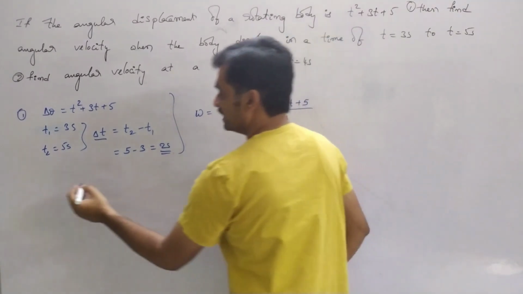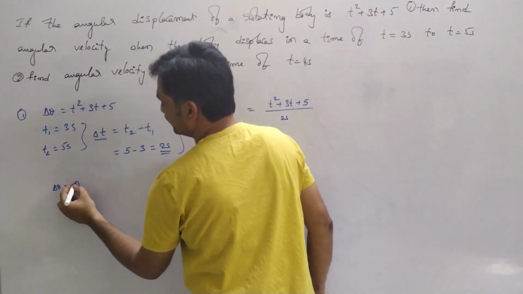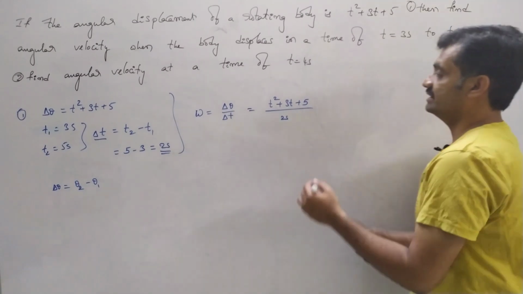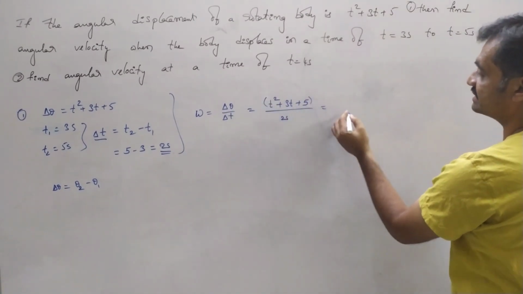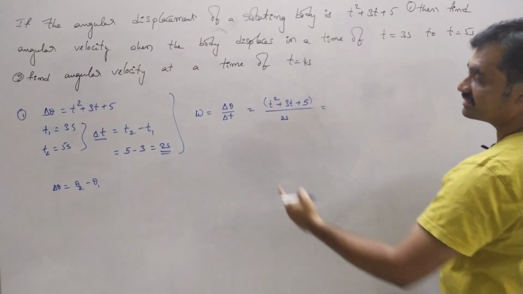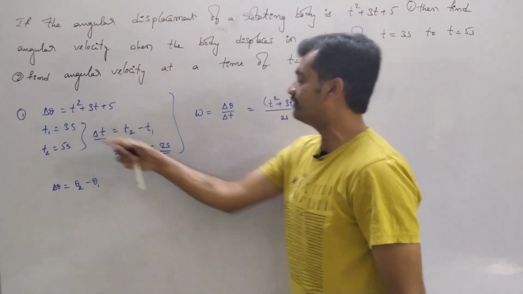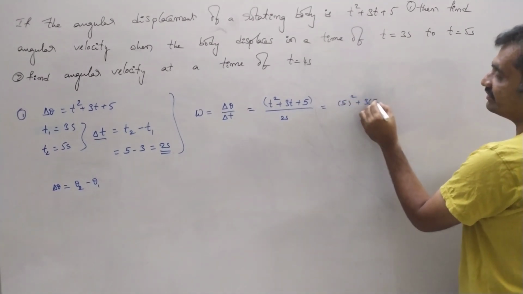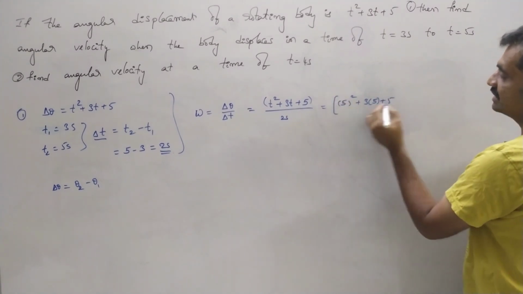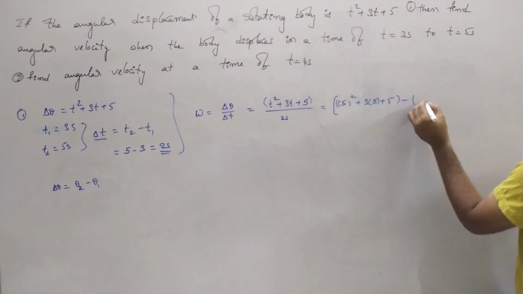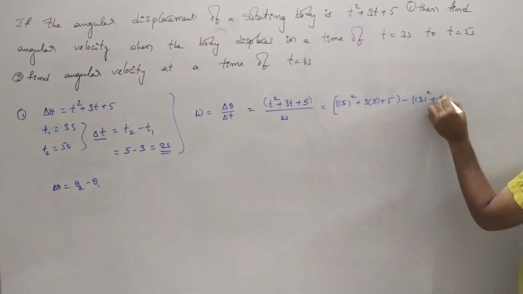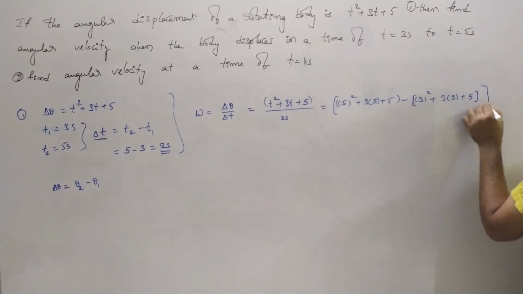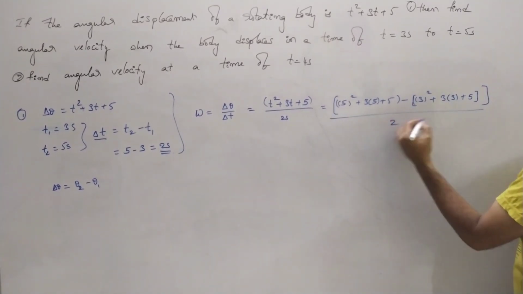So here delta theta can be represented as theta 2 minus theta 1. Theta 2 is obtained by substituting the value t2 equals 5 seconds: 5 square plus 3 into 5 plus 5, minus 3 square plus 3 into 3 plus 5, by 2.